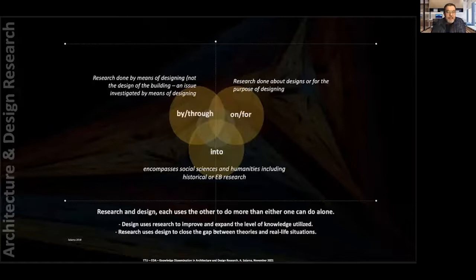As it relates to architecture and design research, it can also be seen within these parameters, and there is a lot of discussion about these terms: research by or through design, research on or for design, and research into design.